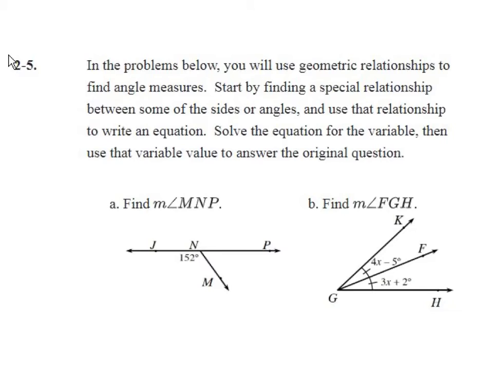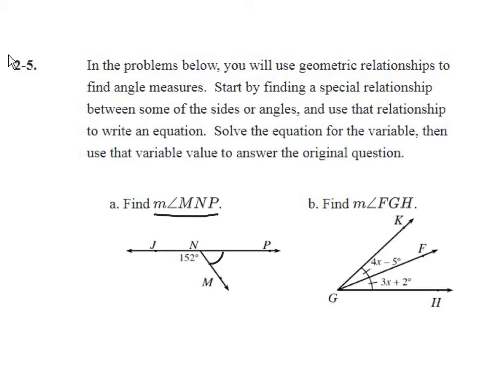In the problems below, you will use geometric relationships to find angle measures. Start by finding a special relationship between some of the sides and/or angles and use the relationship to write an equation. So we're looking for the measure of angle MNP.